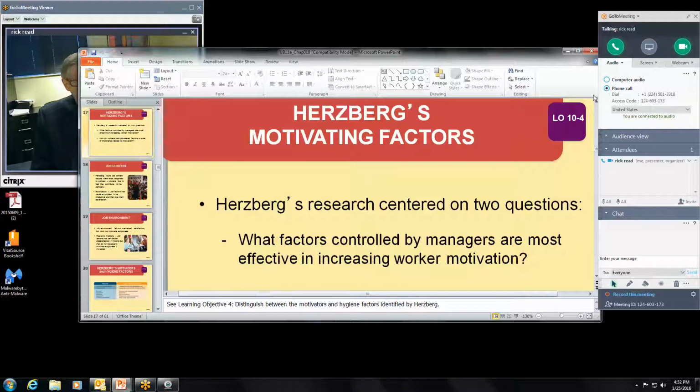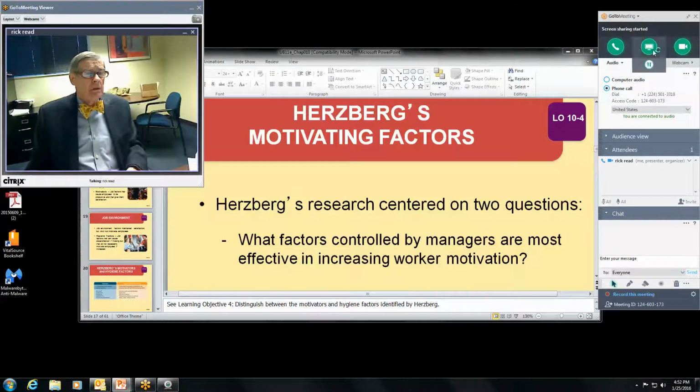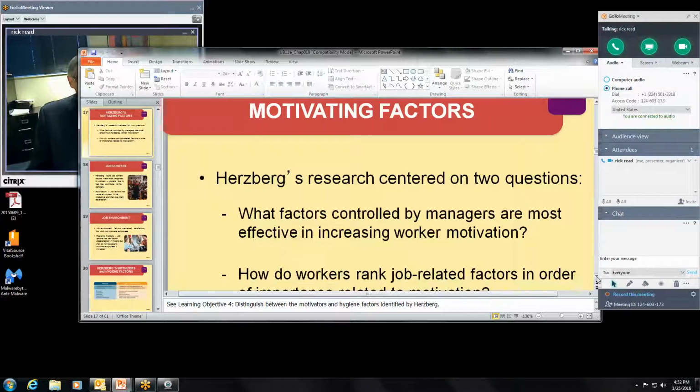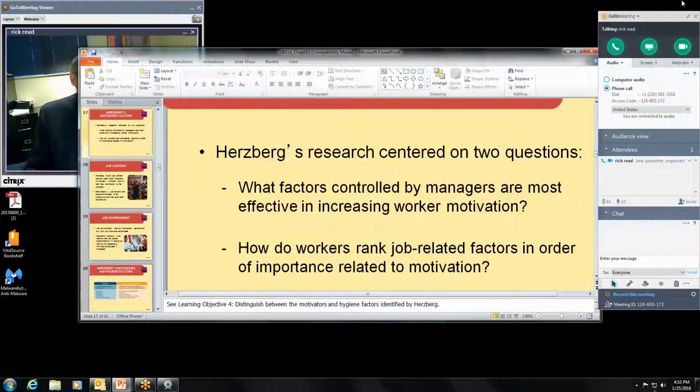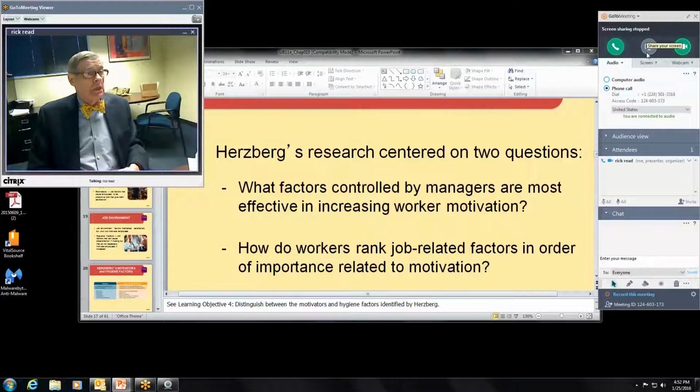So Herzberg said, notice here, what factors controlled by managers are most effective in increasing worker motivation? And then conversely, how do you rank those factors? Do they motivate me? How do you relate these to motivation?